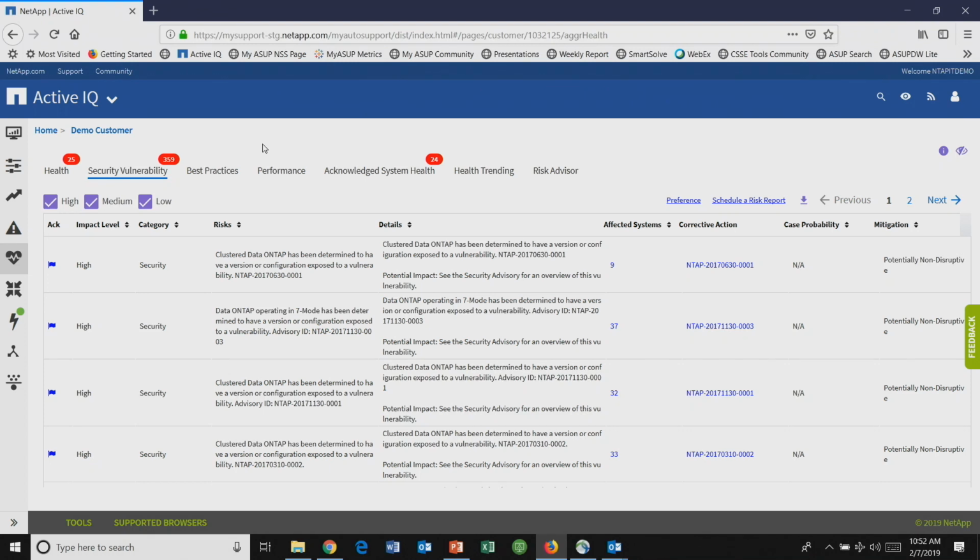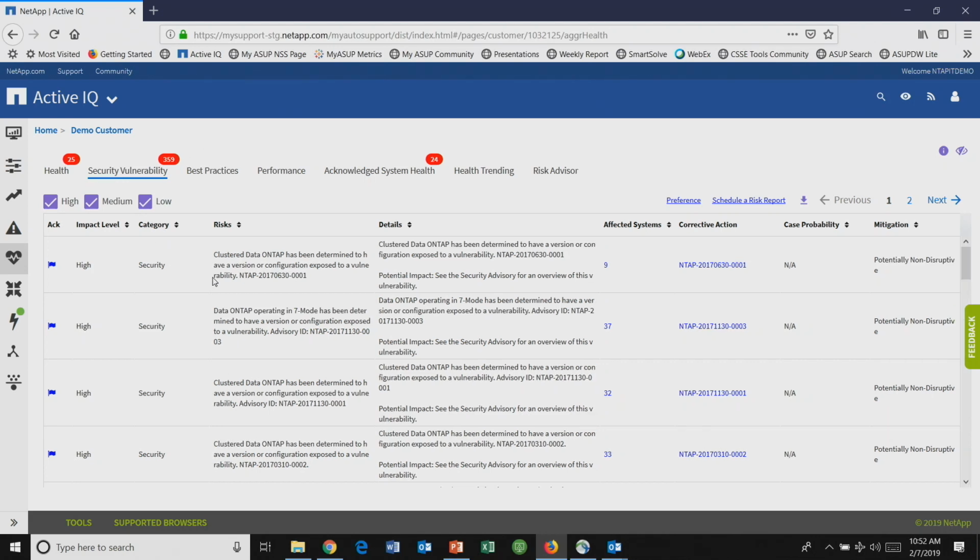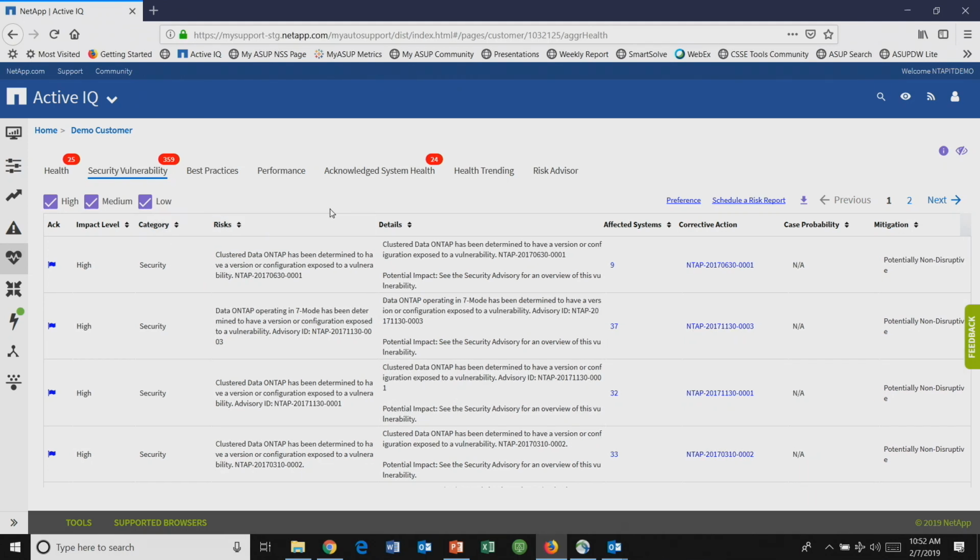So ActiveIQ has taken this a step further by taking into account some of those fingerprints, and has automated the detection of those vulnerabilities into this new tab called Security Vulnerabilities. This is another way, going back to Joey's goals around being operationally efficient, that ActiveIQ is helping him reduce all the time he has had to spend doing some of this analysis manually in the past.